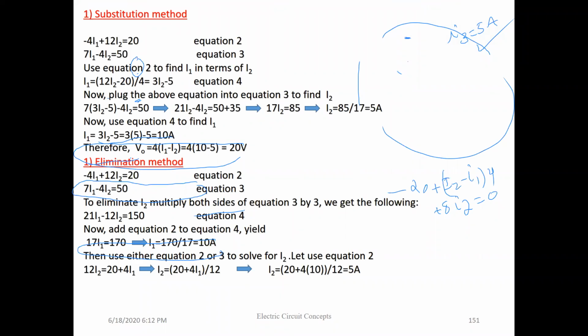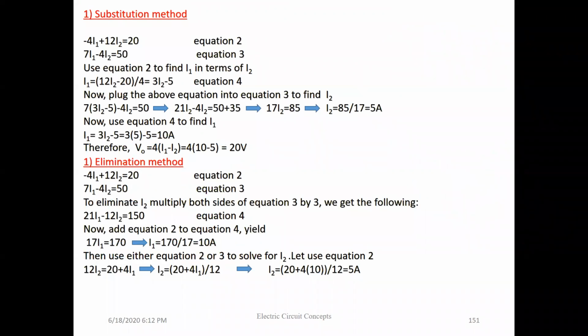So again, I will show you here the 3 methods that we can use. For the substitution method, we could use equation 2 to find I1. So I1 will be 12 I2 minus 20, divided by 4.